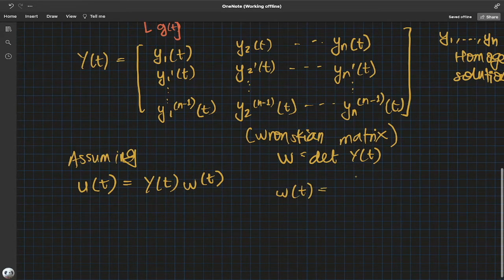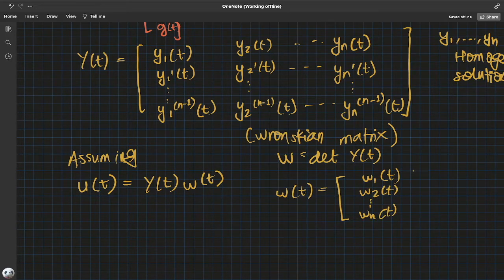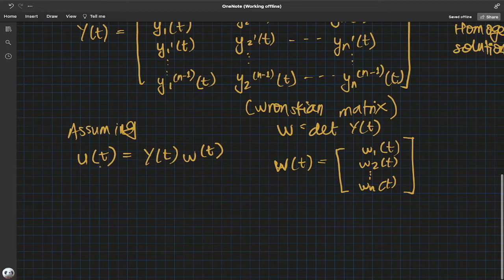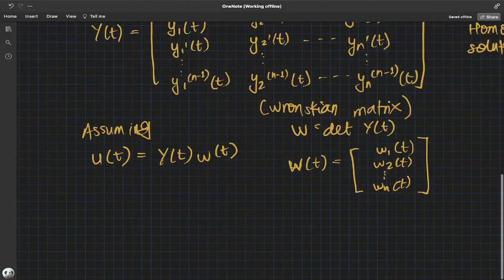So of course W of t has n entries, W1 of t, W2 of t, Wn of t. So these are the weighting functions. And of course, we're not doing a linear combination of homogeneous solutions. W is a function, it's not a constant, so it's not a linear combination, and that's why we won't end up with necessarily a homogeneous solution. This should be the heterogeneous, non-homogeneous solution.